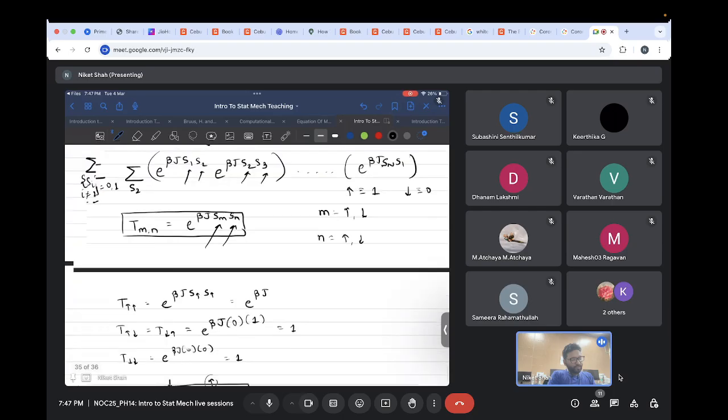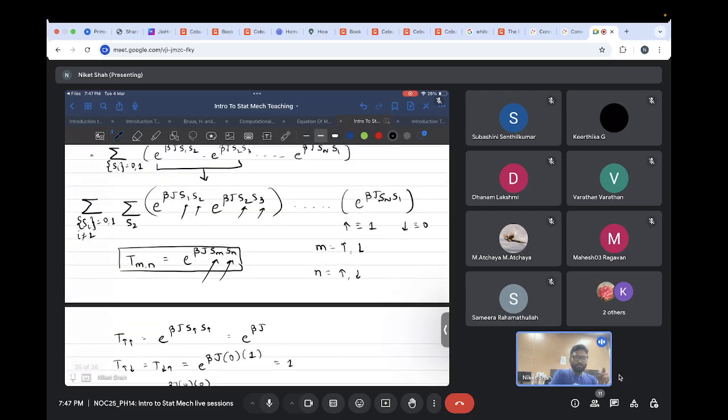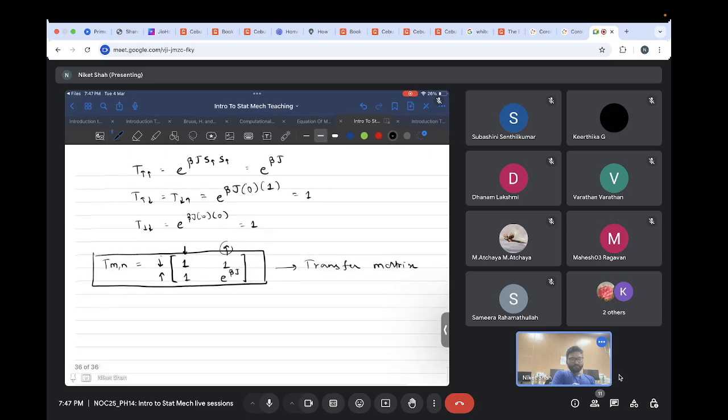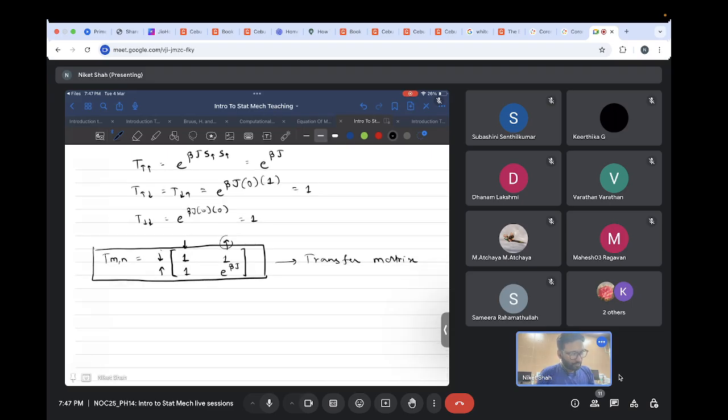Its individual elements talk about the value of this particular term. So that's what a transfer matrix is in this case. Okay, I hope there are no doubts here.